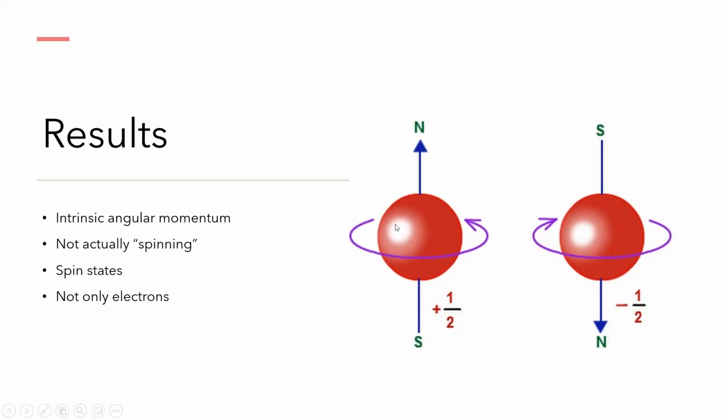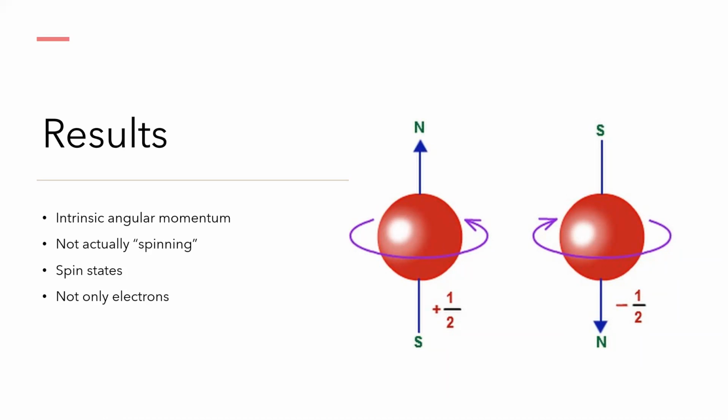But these particles aren't actually spinning; they just behave like they do. And for particles, there are two spin states. For an electron, you could have plus a half spin or minus a half spin. Most of these experiments were specific to electrons, but it's not only electrons that have spin. Protons and neutrons also have spin.